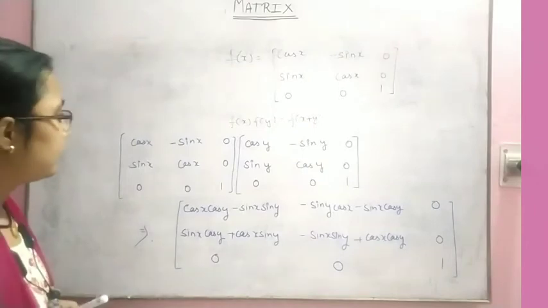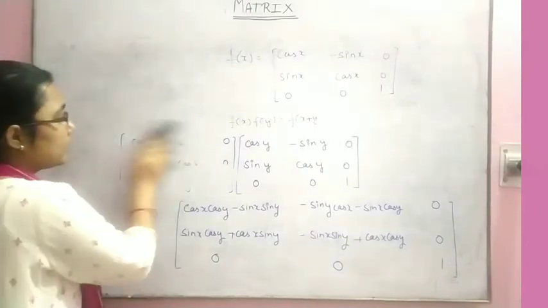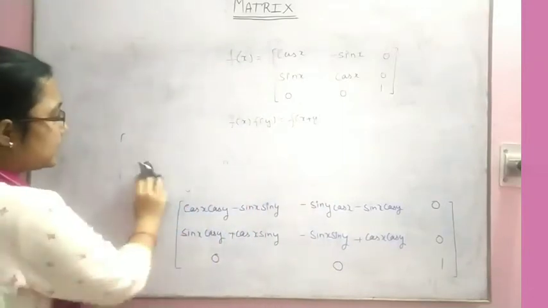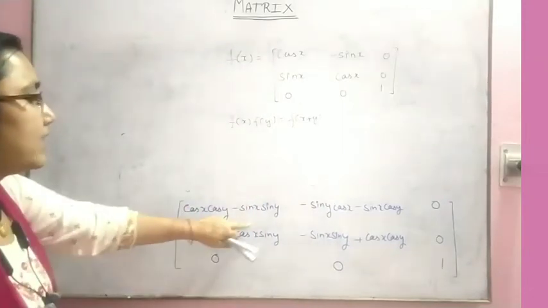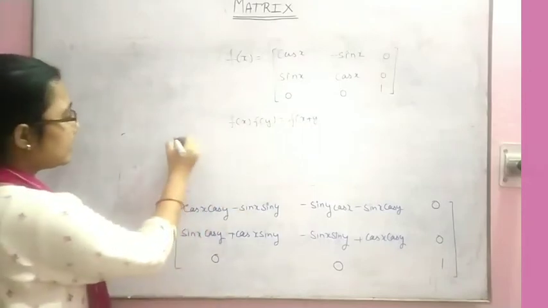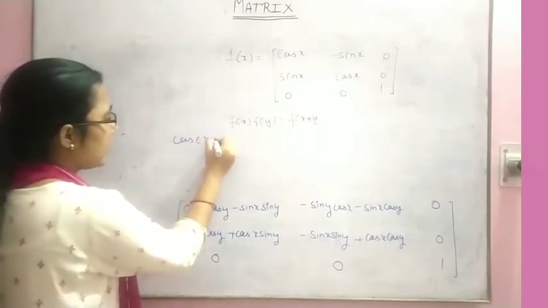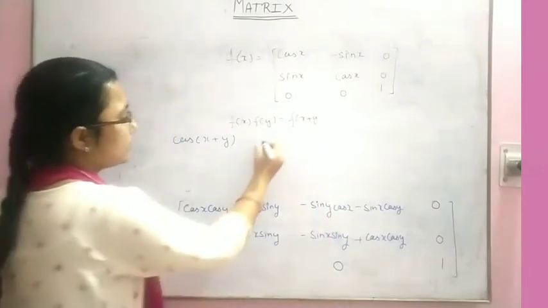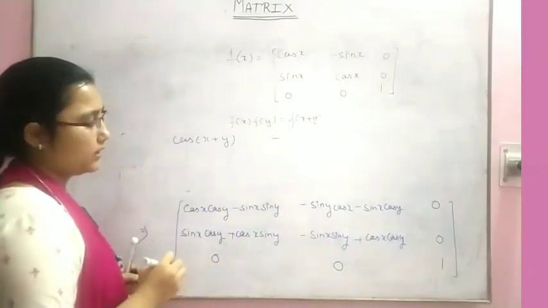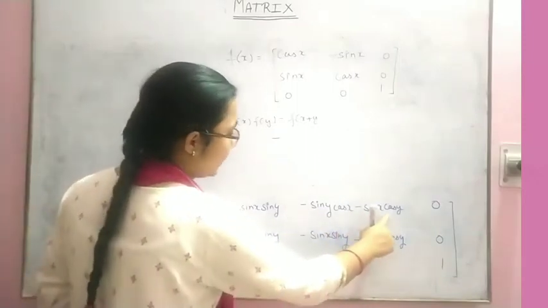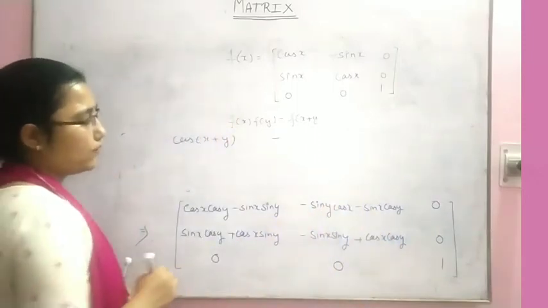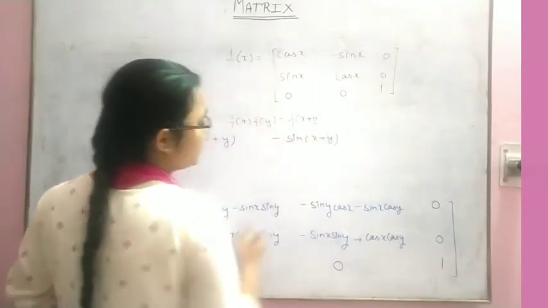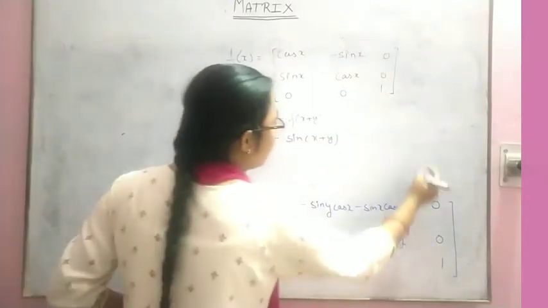So here the value of the first term, this is cos x cos y minus sin x sin y, is written as cos(x plus y). And for the second term, first take minus as common, the remaining is sin y cos x plus sin x cos y, and this one is the formula for sin(x plus y). The last term is 0.